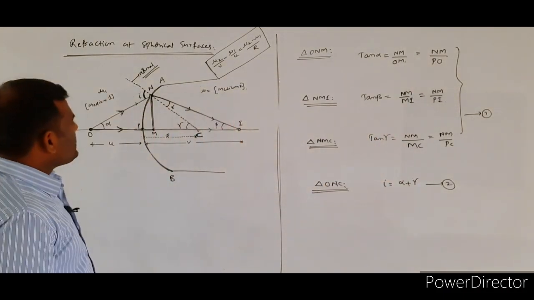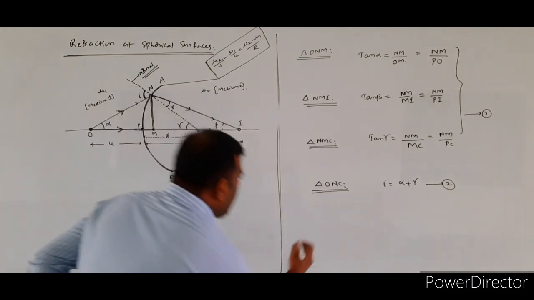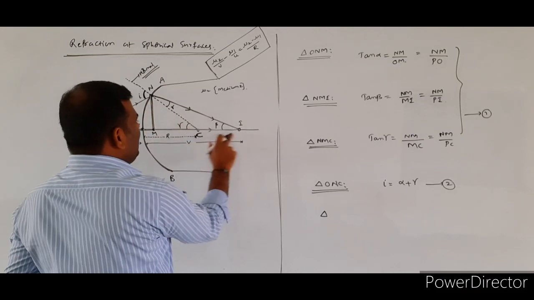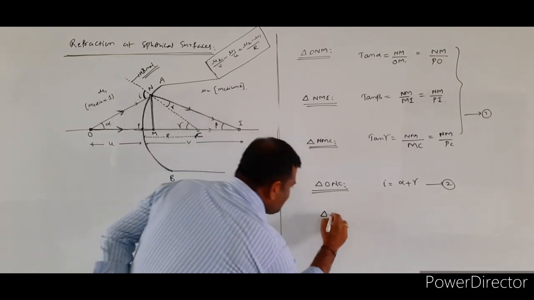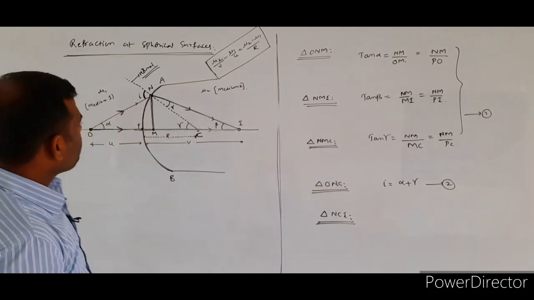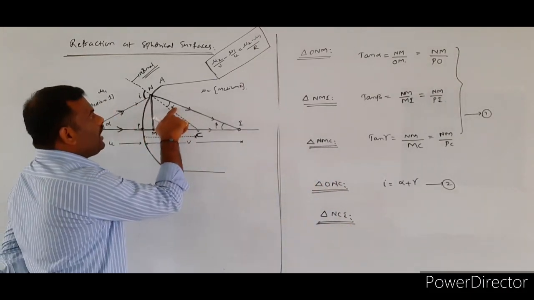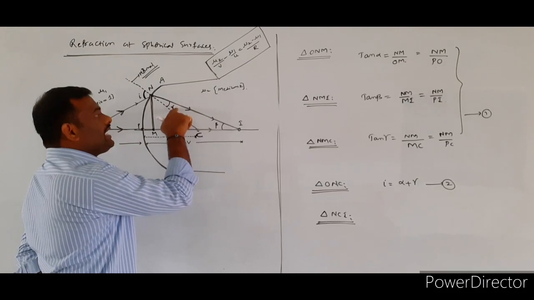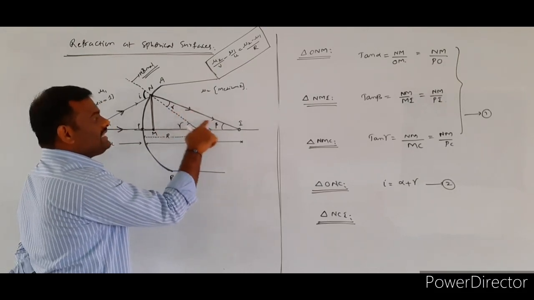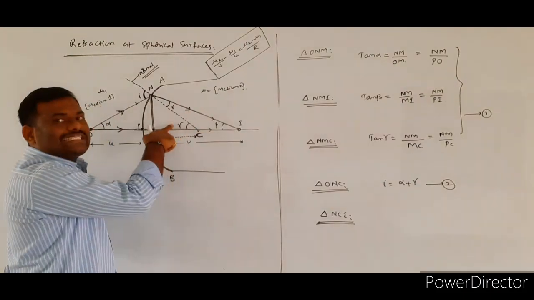Next, I will consider one more triangle, triangle NCI. From this triangle NCI, R is the angle of refraction and beta is the other interior angle. The sum of these interior angles is equal to the exterior angle.